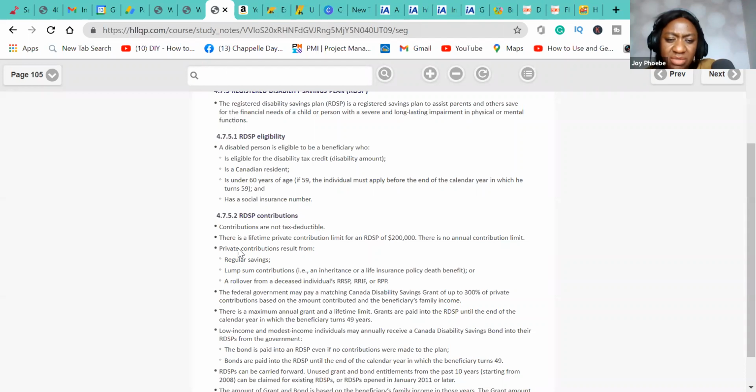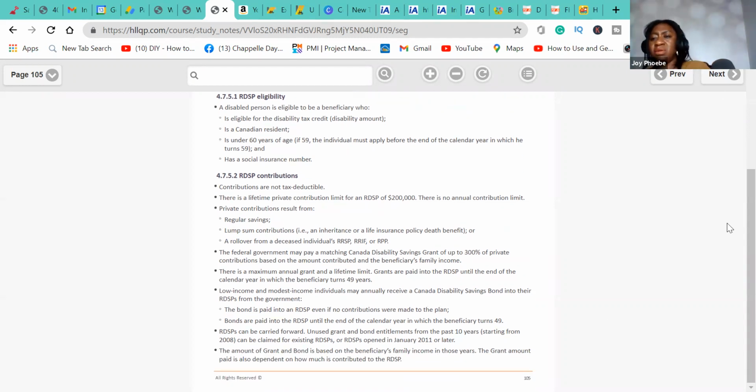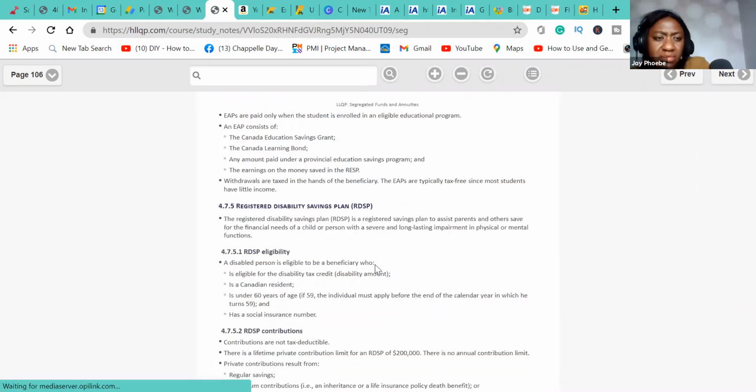Contributions are not tax deductible, and there is a lifetime private contribution limit of 20,000. There is an annual contribution limit as well. Okay, that one is not as popular.